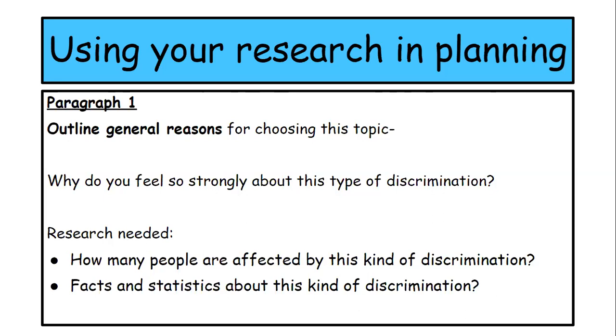Now, it's absolutely fine to draw on personal experience and explain that you know somebody or whatever that has led to you caring passionately about this subject. But in order for your audience to trust in your opinions, you want to support those ideas with facts. So, for paragraph 1, the research needed is how many people are affected by the type of discrimination that you're about to talk about.